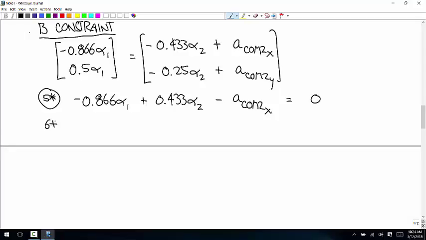And equation 6 star says 0.5 alpha 1 plus 0.25 alpha 2 minus a center of mass of 2 y components is equal to 0.